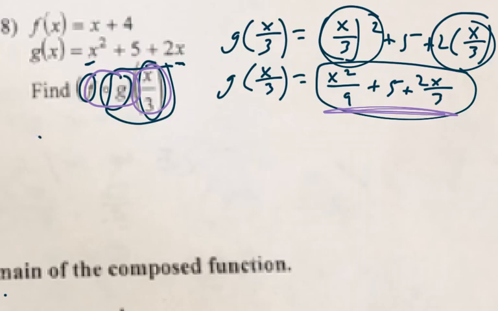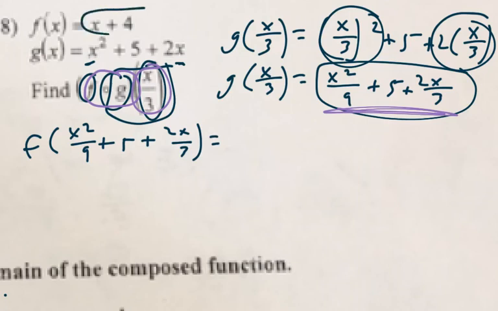So we're really going to do f of x squared divided by 9 plus 5 plus 2x divided by 3. That's in essence what we're doing. And here's f. So all we have to do is plug that in for x.